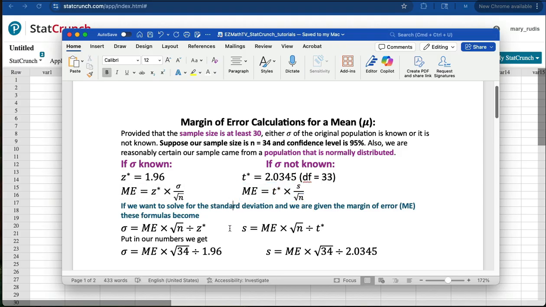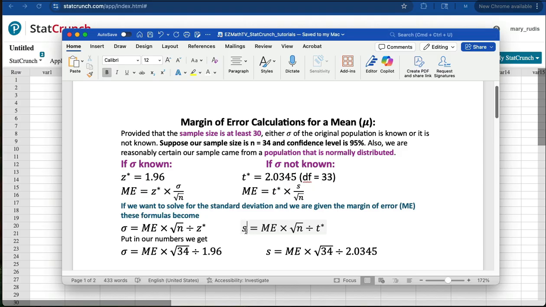And just for convenience, there are some homework questions where you are given the margin of error and you're asked to calculate the standard deviation. So I'm giving you the formulas here for solving for either sigma or S. If you know what the margin of error is and you have your sample size and you can calculate your critical value, then sigma is equal to the margin of error times the square root of n divided by your critical z.